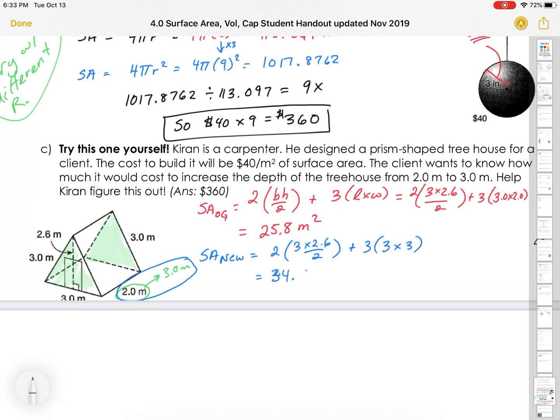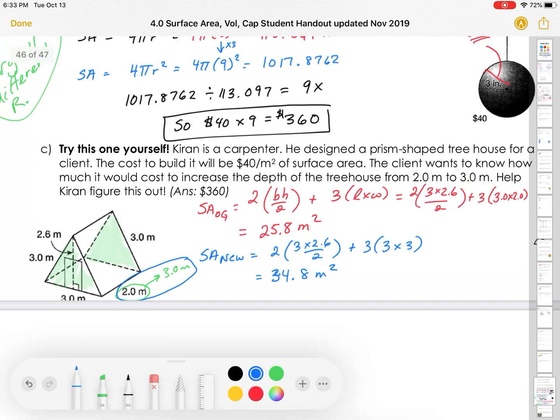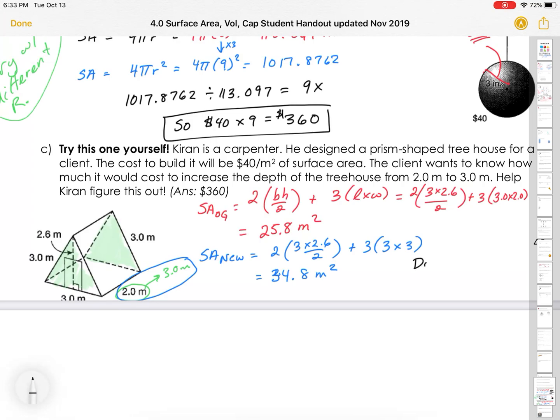When we add that, we get 34.8 meters squared. So what's the difference? The difference is 34.8 minus 25.8, which is 9 meters squared.